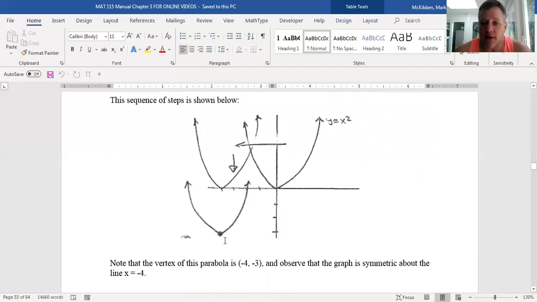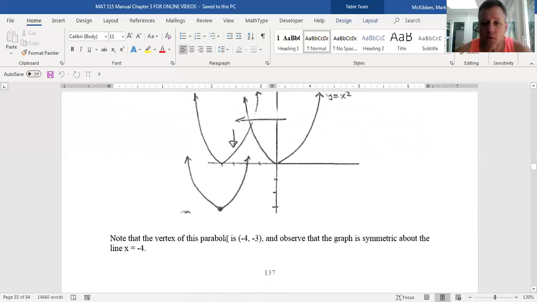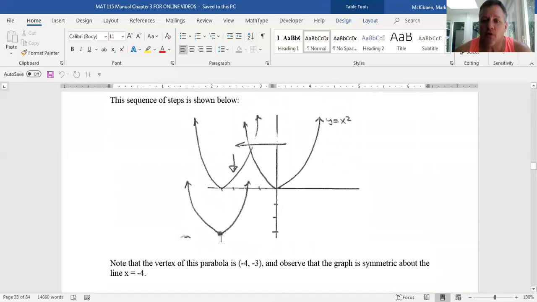It's (-4, -3). A couple things we know: the domain of all quadratics is all reals. There's no number you can't put in and get a square out, so they're always going to be defined. The range, however, always extends from the vertex either up or down depending on what the parabola is doing.